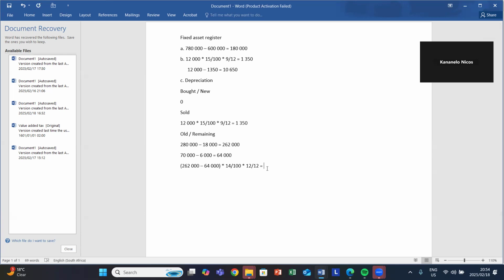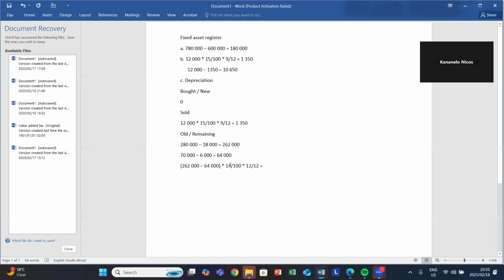Even when you insert it in your calculator, please include those brackets, or you can simply start by calculating your brackets first. I'm using a phone to calculate here. 262,000 minus 64,000, and also multiply by 15% there, guys. I think I made an error.